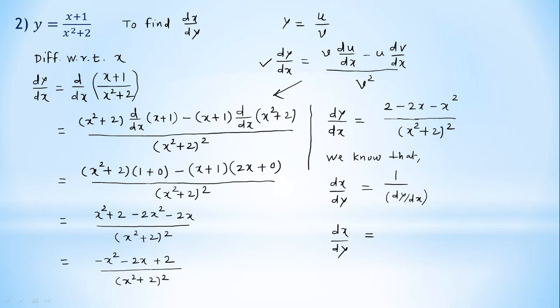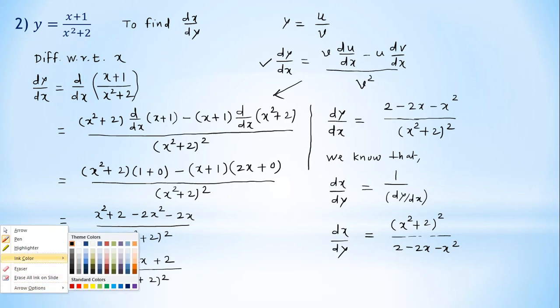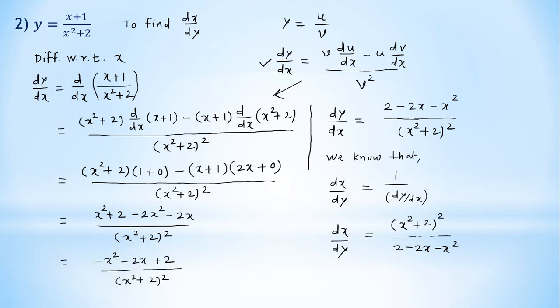So dx by dy is equal to x square plus 2 bracket square upon 2 minus 2x minus x square. Okay, see this answer. So this is our final answer. After taking the reciprocal of dy by dx, we get dx by dy.